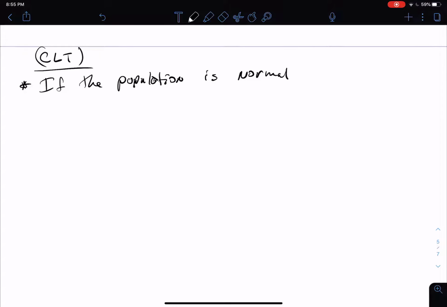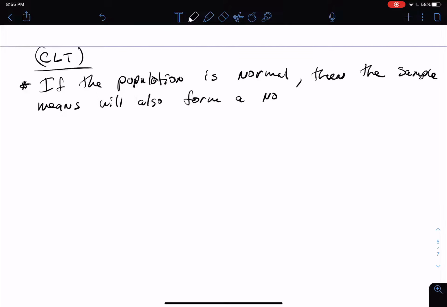Central limit theorem: if the population is normal, then the sample means will also form a normal distribution.